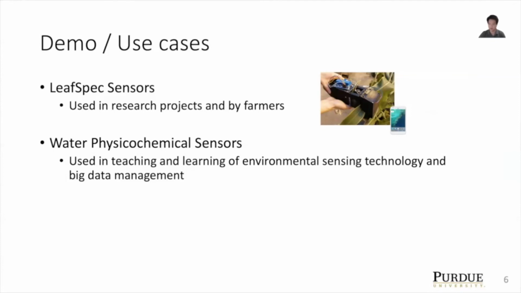The LeafSpec could be used by researchers to predict plant growth, by farmers to direct fertilizer and pesticide application in the field, or by decision makers to monitor drought and other stress situations across a large region.